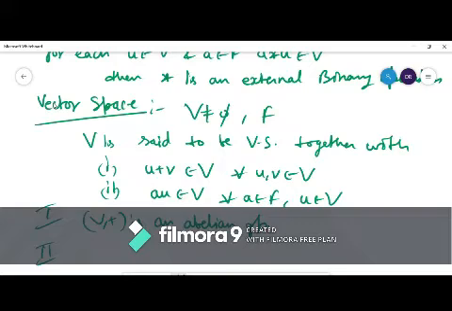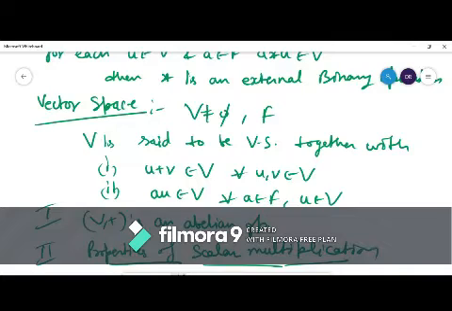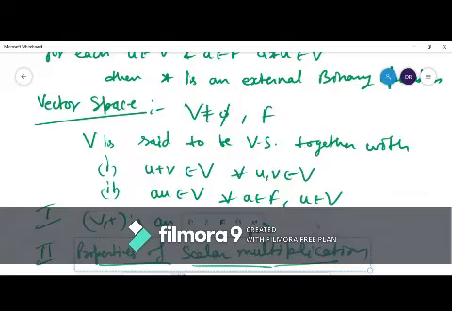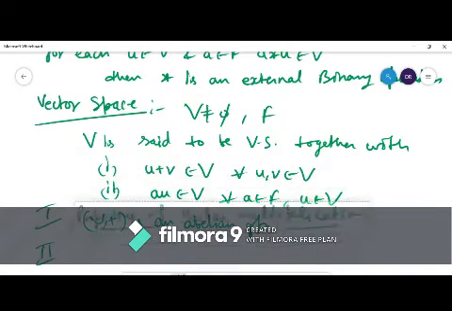Second, properties of scalar multiplication.